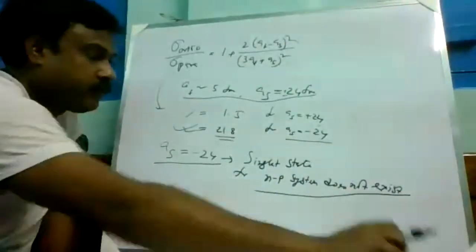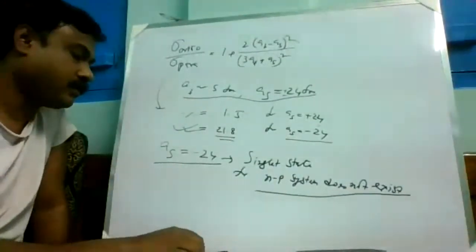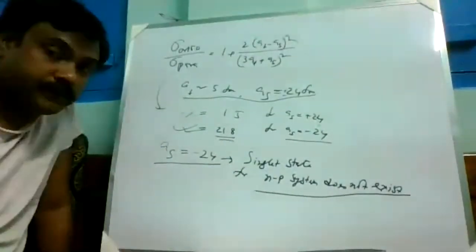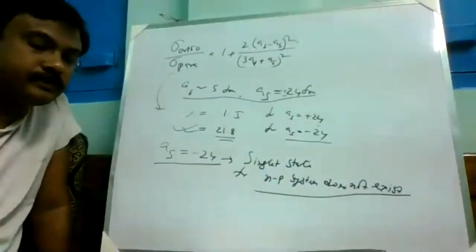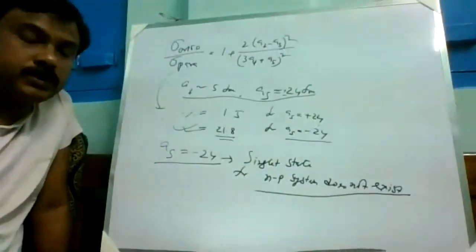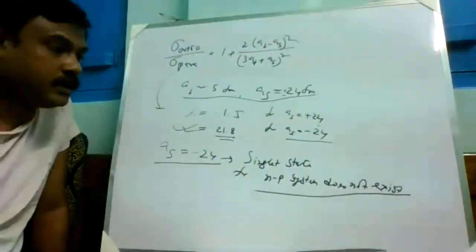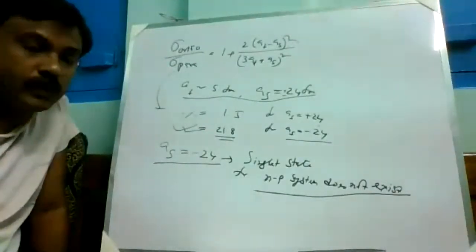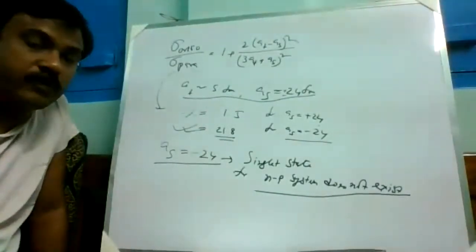Singlet state for NP system is not a bound state. That's why in the deuteron problem we have seen that the spins were held parallel. So we have completed the low energy scattering for NP system.